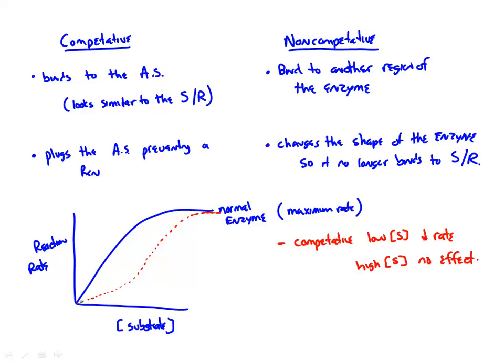And then if it's a non-competitive one, that'll be our green line, it actually has an effect at all concentrations. So this is our non-competitive, and it decreases the reaction rate at all concentrations.